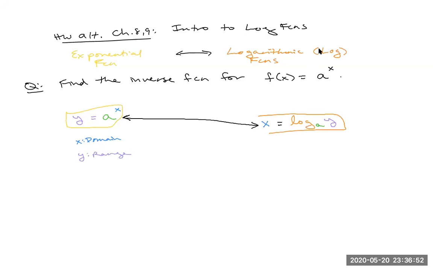But if you go to a log form, you can see that now X is in the range and Y is in the domain. But remember, when we use functions, we typically have f of x and f inverse of x. So we're going to want to keep x in the domain. So we're going to see how to do that by finding the inverse function for here.